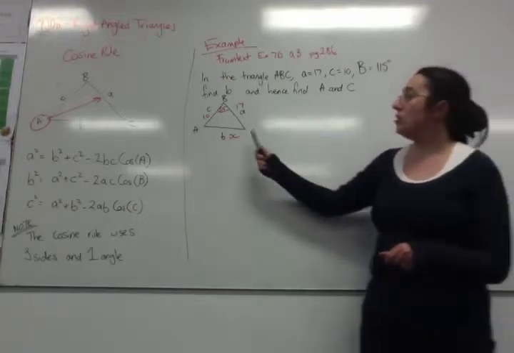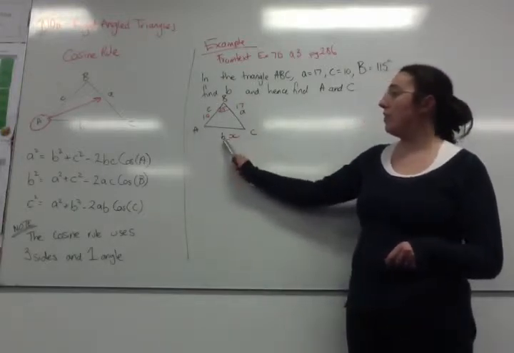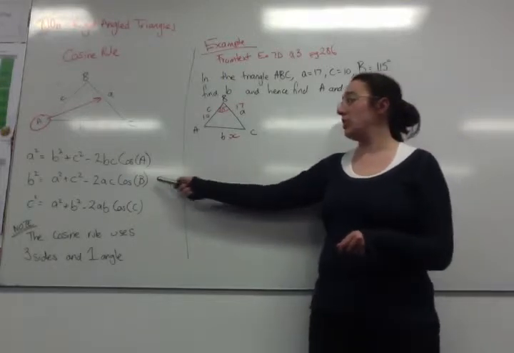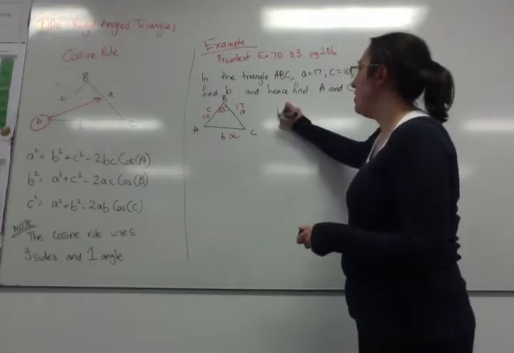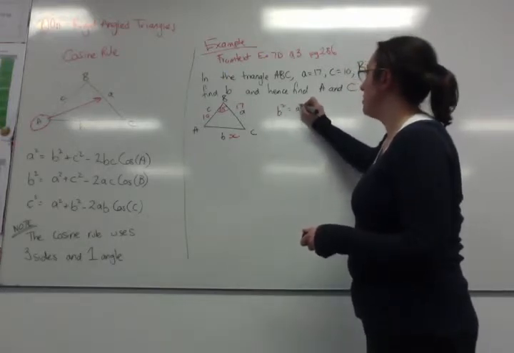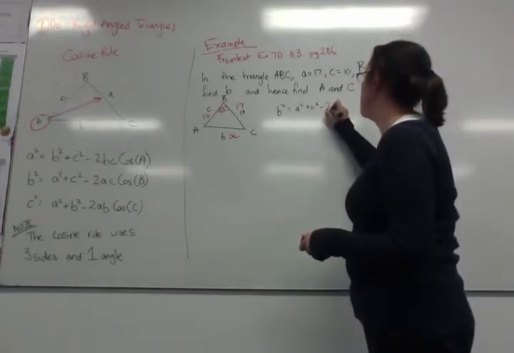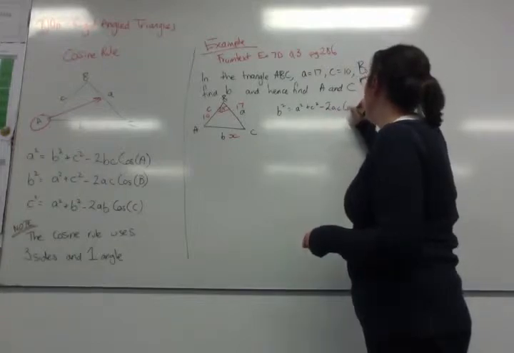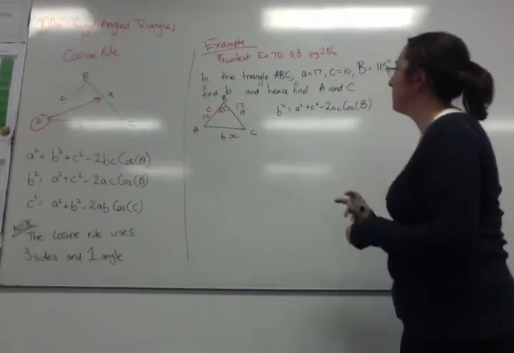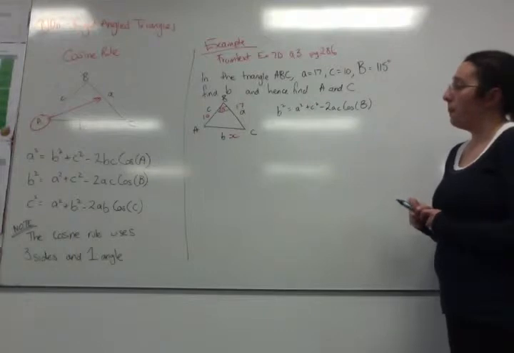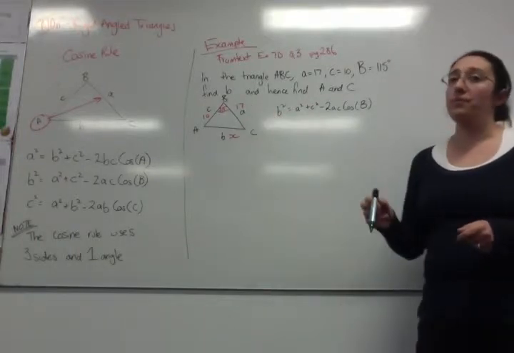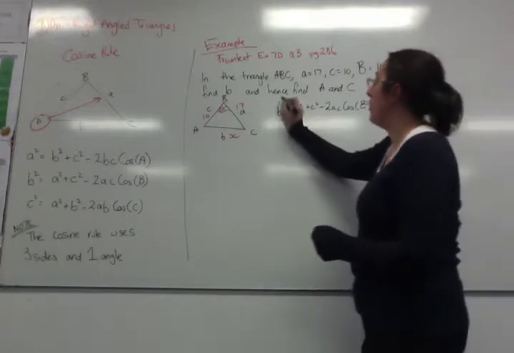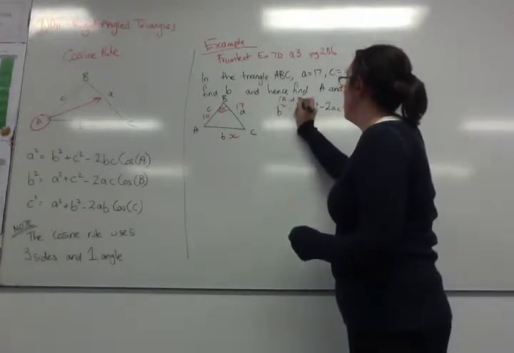Alright, so using that information, we want to find out what the b is. So we look at this rule here, the second one. We're going to use b squared is equal to a squared plus c squared minus 2ac cos of angle B. Is that because we're finding little b? That's right, because we're looking for little b at the moment. So I'll put here in brackets, find b.